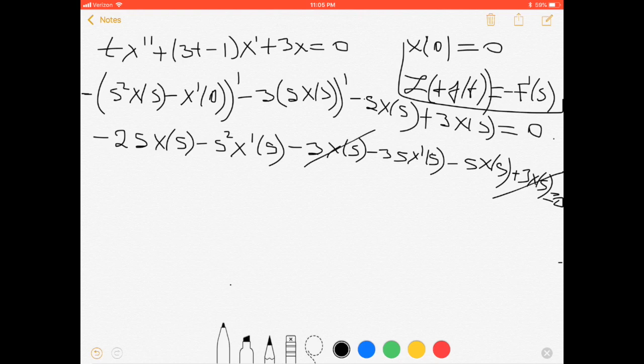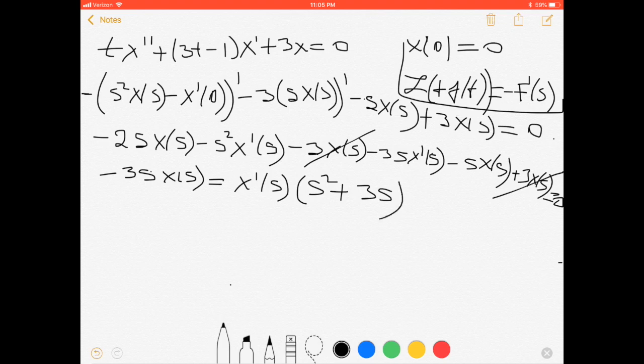And now we separate where you have derivative x and x. Okay, minus 2x minus sx. I have minus 3s x to the s equal x prime to the s. We have factor s squared plus 3s.